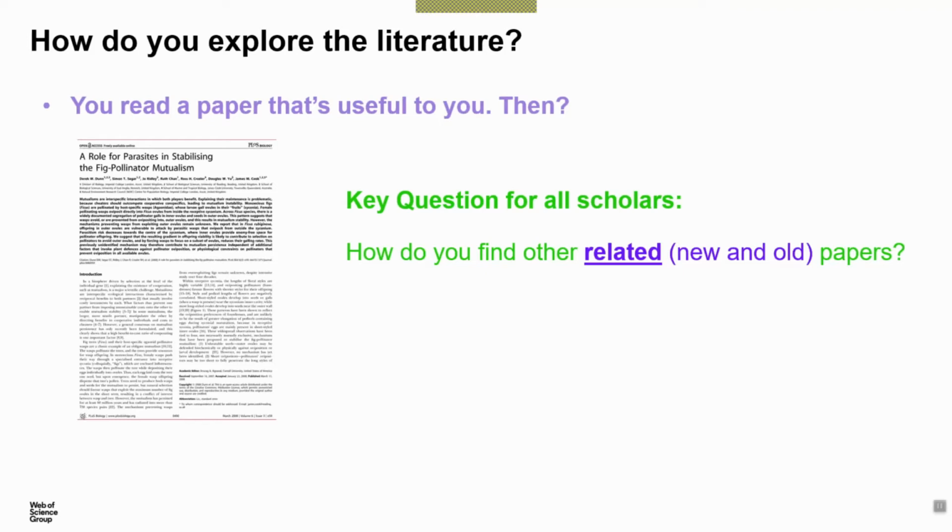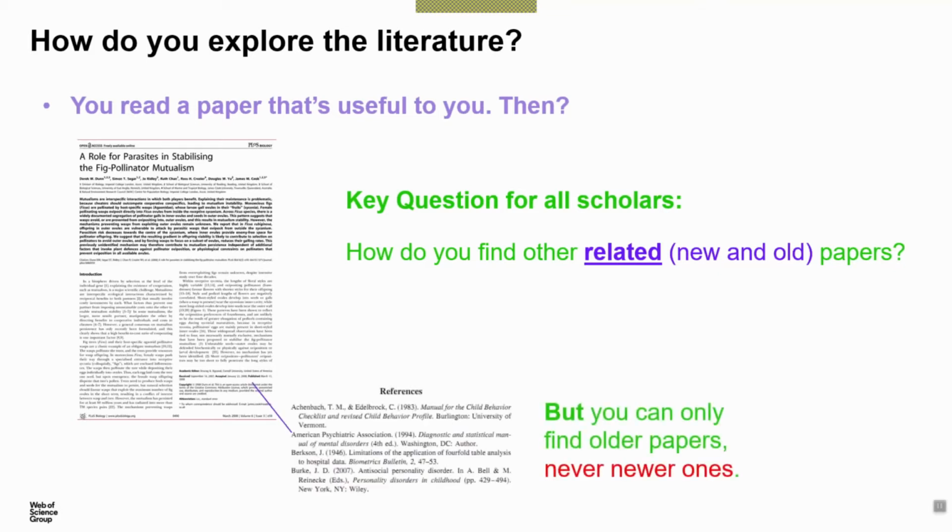So you want to enhance this by including more older papers as well as newer papers. From this original article that sparked your idea, you would always start with the reference list. But the reference list will give you older papers but not newer papers. So how would you find the newer ones?